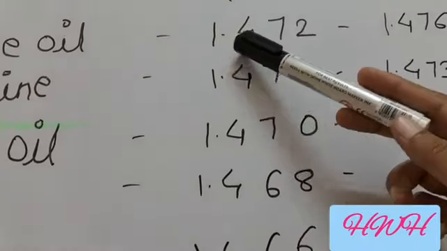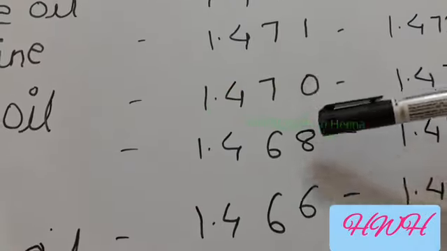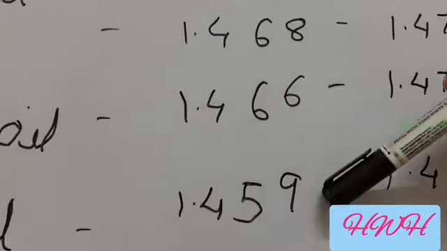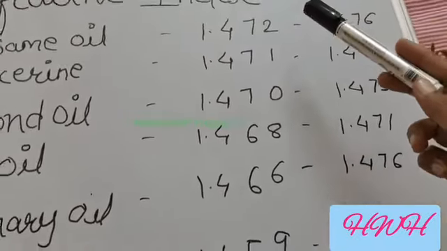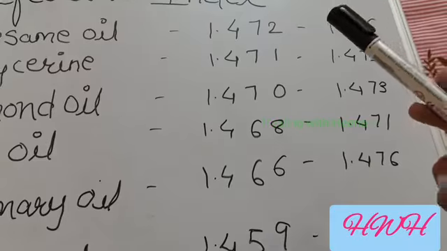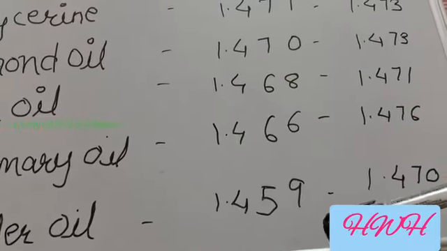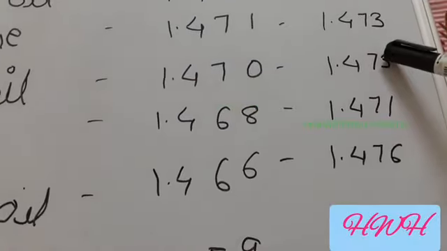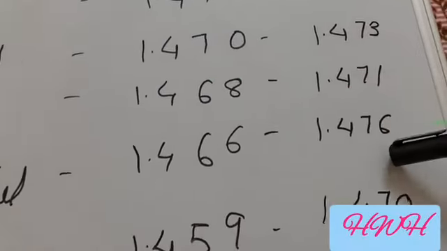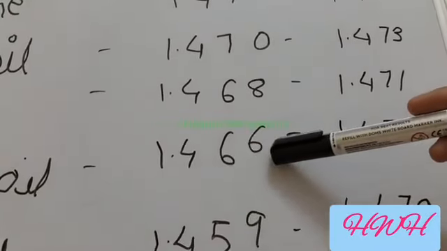So write 1.4, then 72, 71, 70, 68, 66, 59. Okay, so here in descending order from 72, 71, 70, 68, 66, 59. And here also 76, 73, 73, 71, but here this will be 76 because we have taken this as a smaller number.